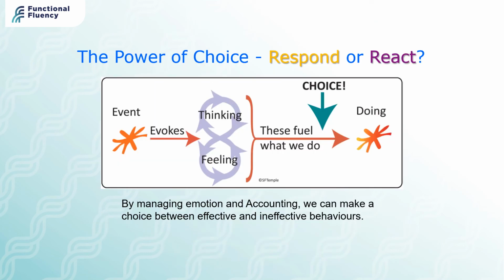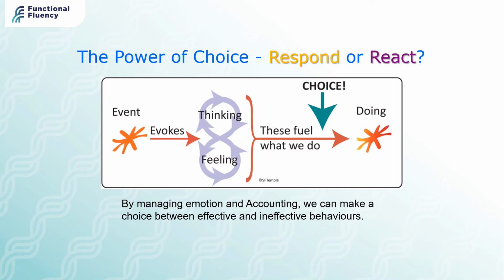Any event evokes thinking and feeling which fuel what we do, and we can make a choice by managing emotion in the moment, and by using the accounting behaviours we can make a choice between effective and ineffective behaviours.